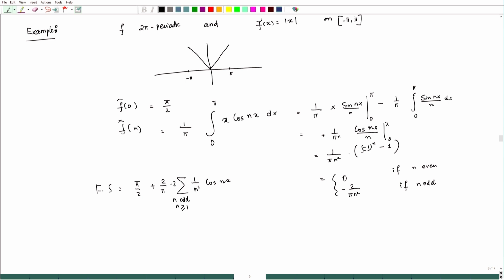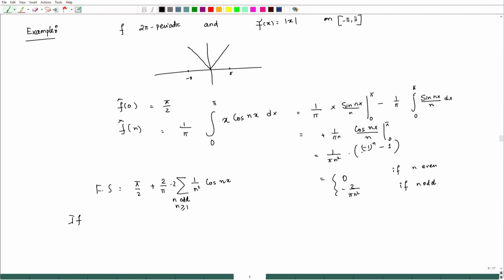Let us grant ourselves for some time that the Fourier series, which is a convergent series because of 1 by n square, converges to f at every point. So, in particular it converges at x equal to 0. So, if the Fourier series converges to f, then at x equal to 0, f of 0 is 0. So, we are going to get 0 is equal to pi by 2.